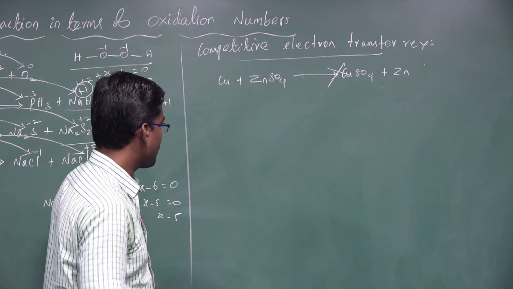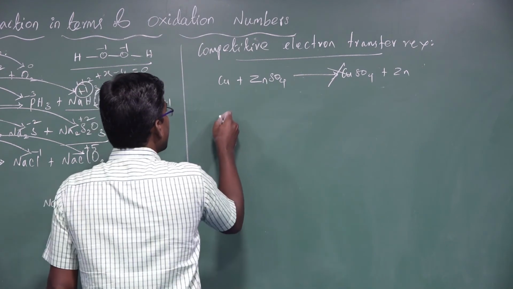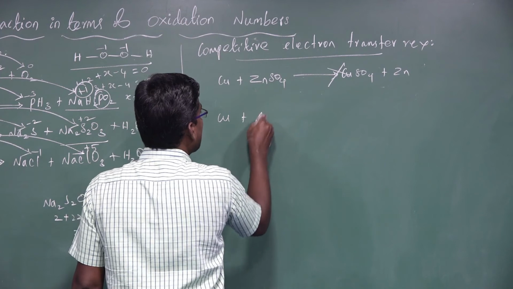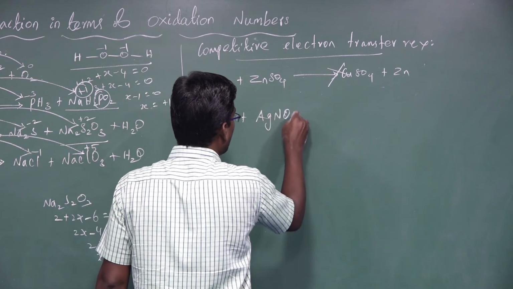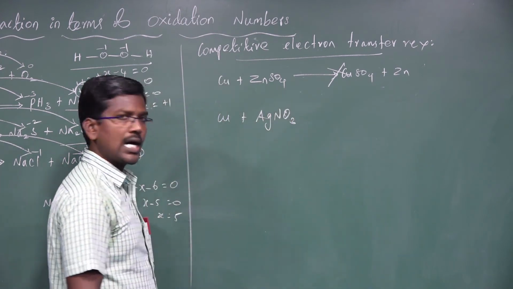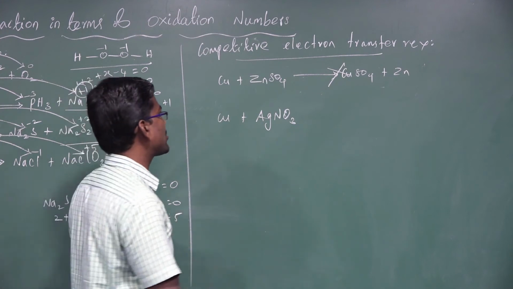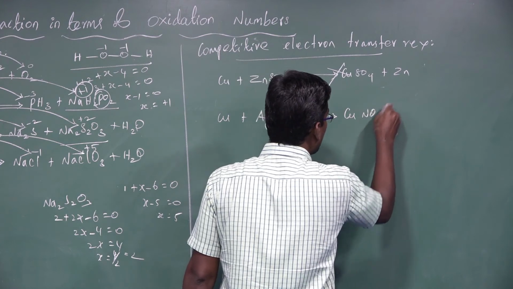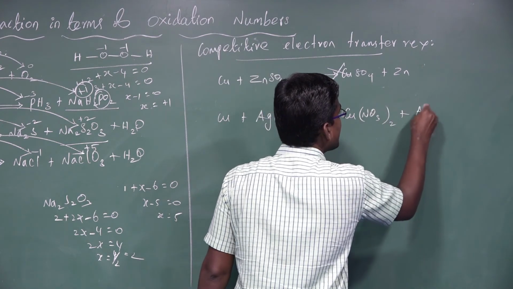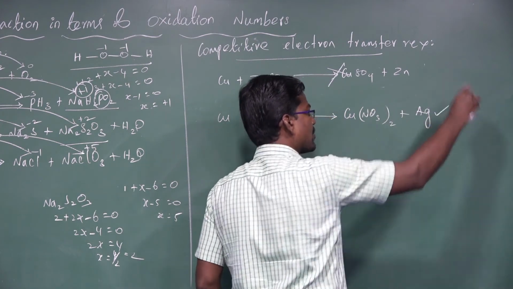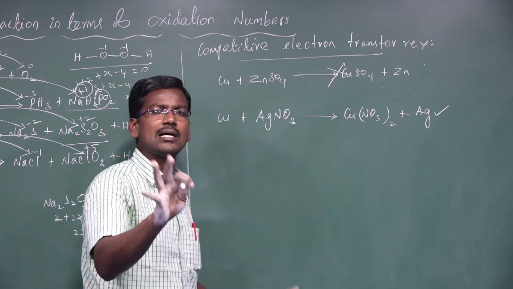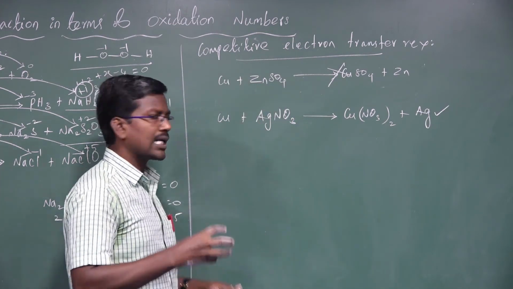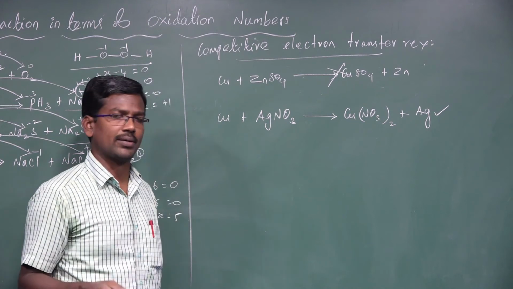Okay. Next one. Suppose a copper rod is dipped in silver nitrate, AgNO3, solution. It forms copper nitrate, Cu(NO3)2, plus silver. This process takes place. This reaction is easily observed because copper is more reactive than silver.